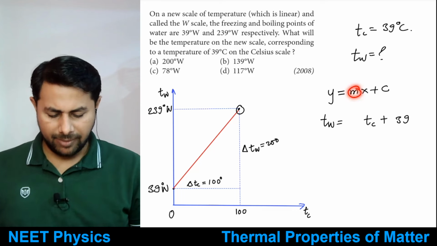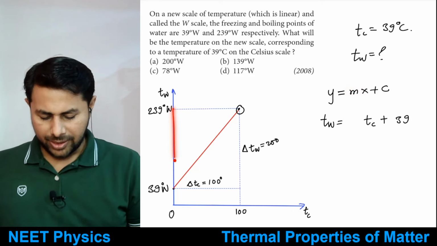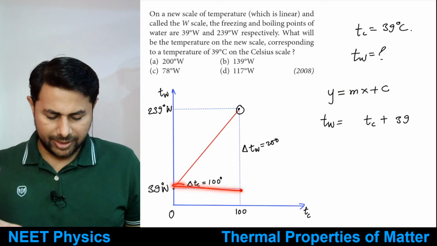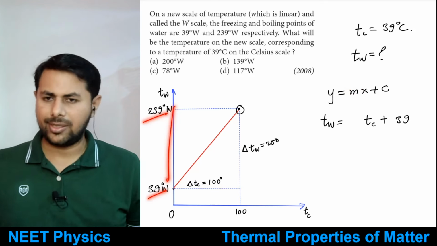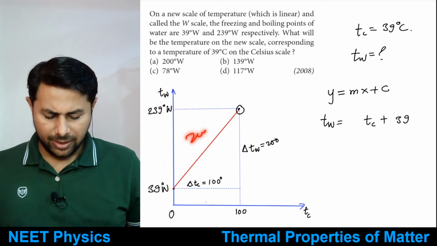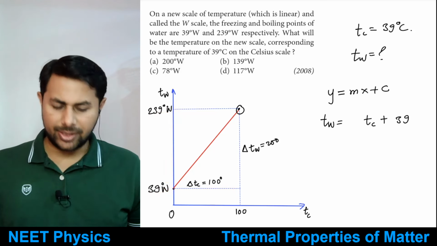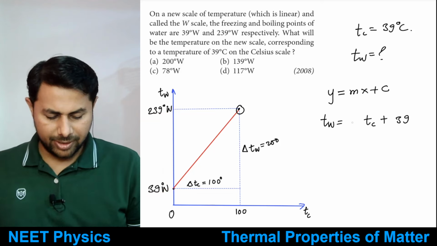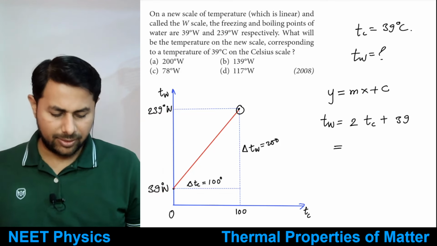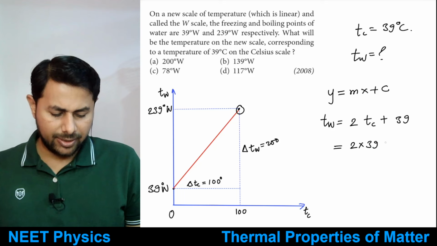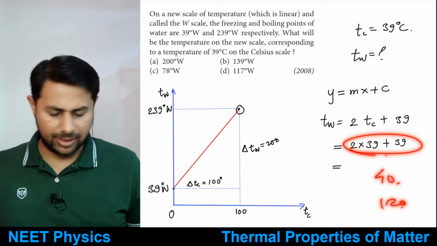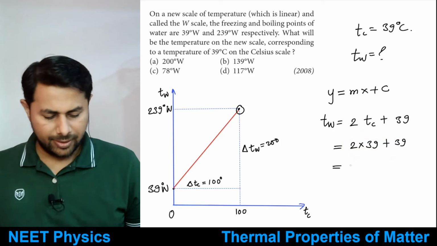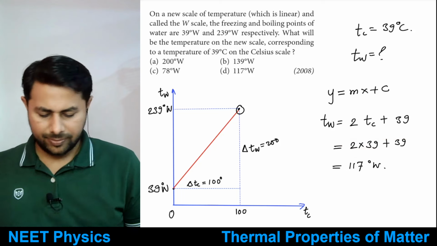Okay, so how much is M? It's very simple: change in the vertical coordinate divided by change in the horizontal coordinate. Change in the vertical coordinate is 239 minus 39, so that is 200, divided by 100. That means M is just 2. And then you put the value: 2 times 39 plus 39, so 3 times 39. Three 39s are 117. So 117 degree W, right?